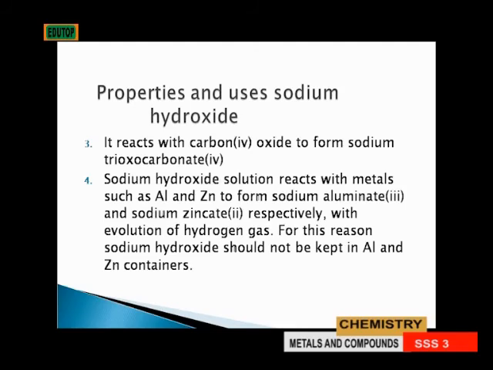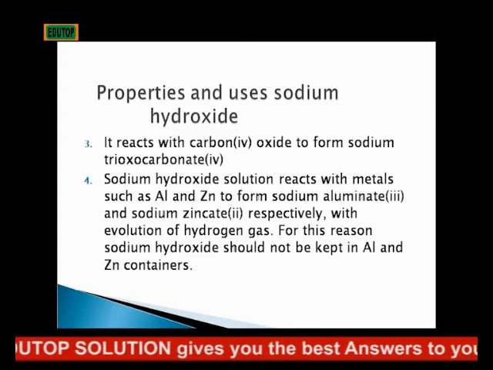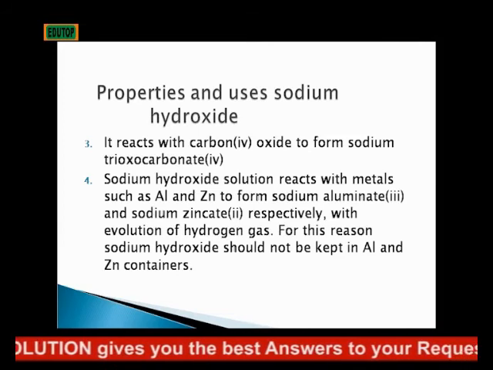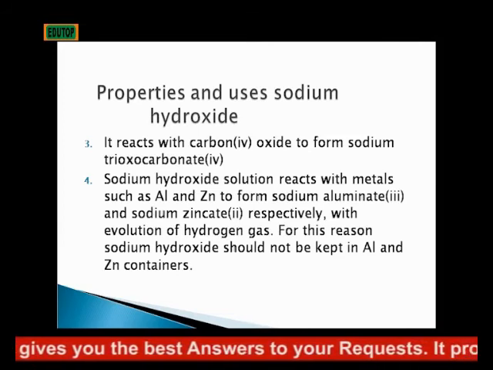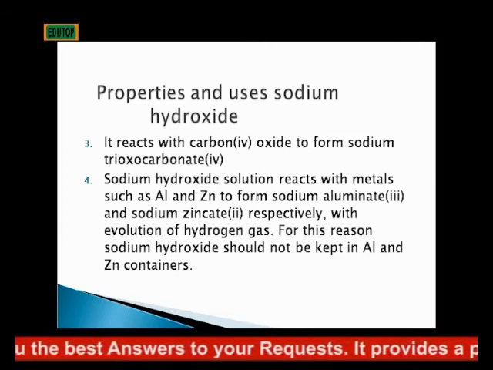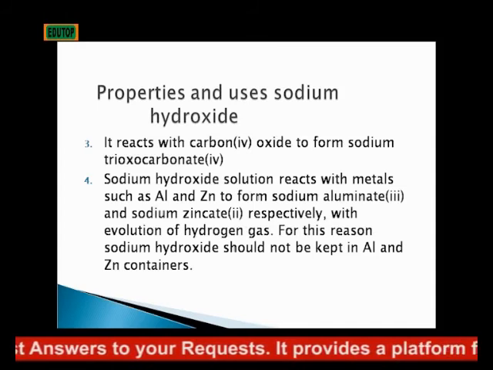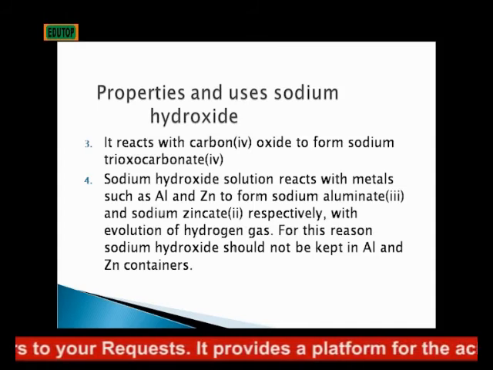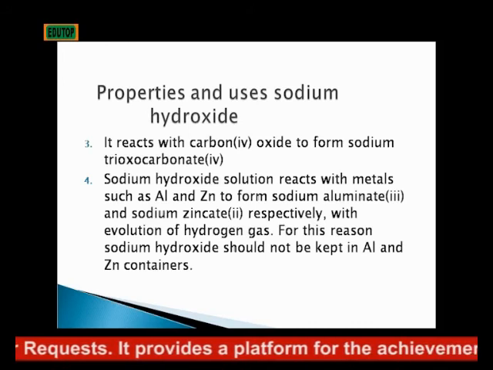Sodium hydroxide solution reacts with metals such as aluminium and zinc to form sodium aluminate and sodium zincate(II) respectively, with evolution of hydrogen gas.